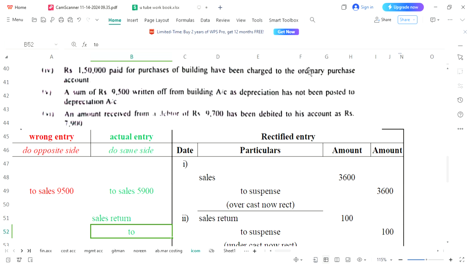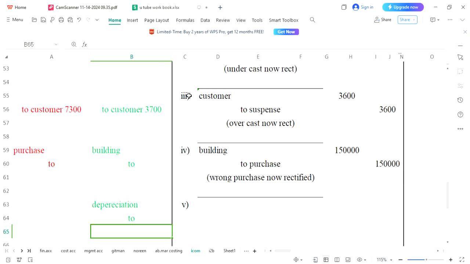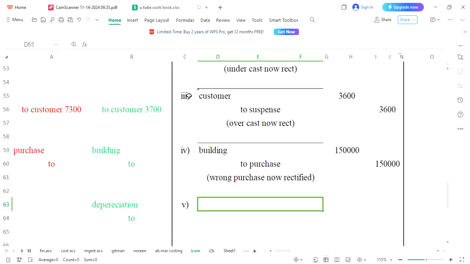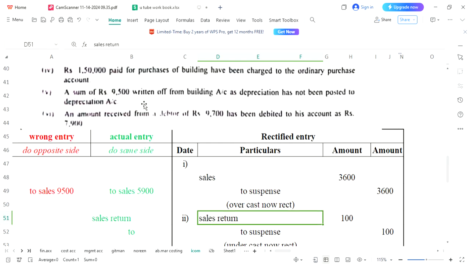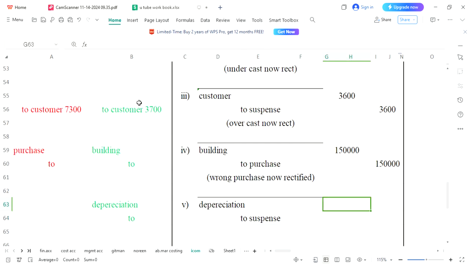But what happened? It has not been posted to the depreciation account. That means we haven't written depreciation. This was the mistake. To rectify it, now we will write depreciation on the debit side. Nothing else is left to be written on the credit side, so you will write suspense account. The amount is 9,500.